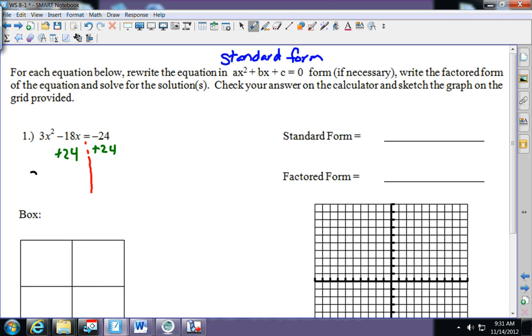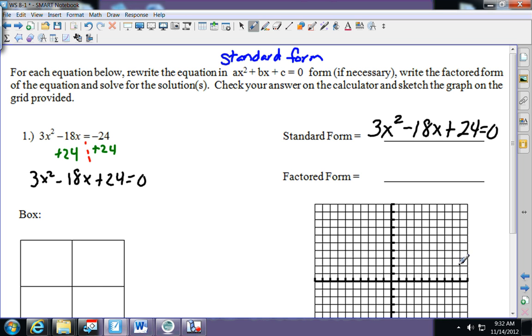And I get 3x squared minus 18x plus 24 equals 0. That is standard form. That is what's going to go right here.